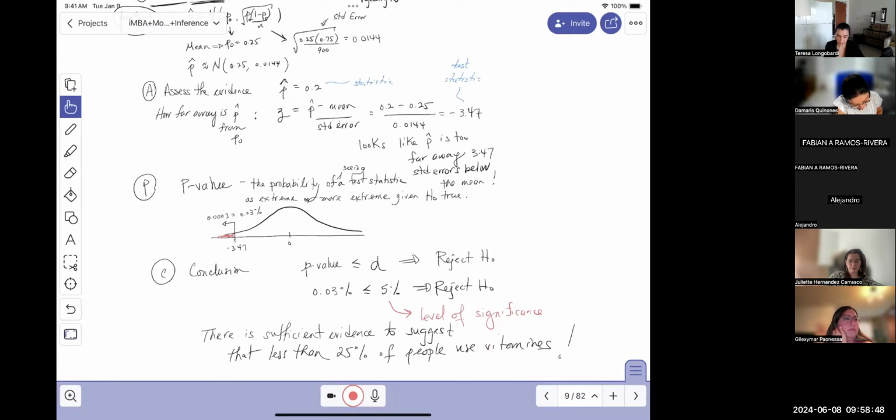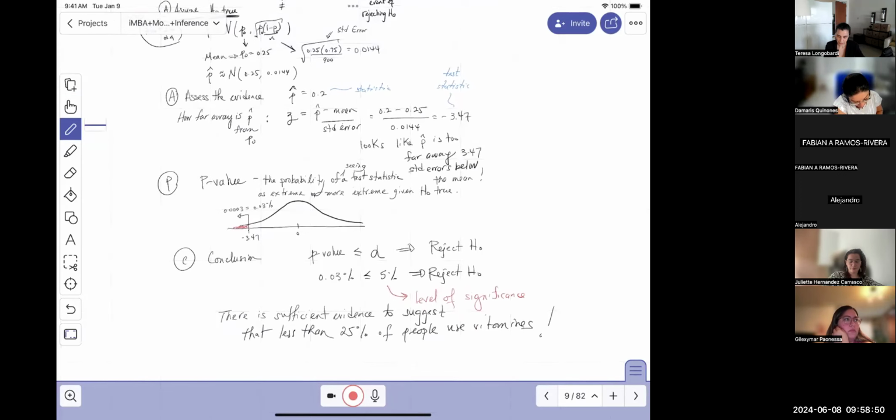You could also just simply say the test is significant. People who know statistics will know what you're talking about. Significance refers to the fact that we found something that goes against the status quo. So statisticians, researchers, academics, they want to prove something new.